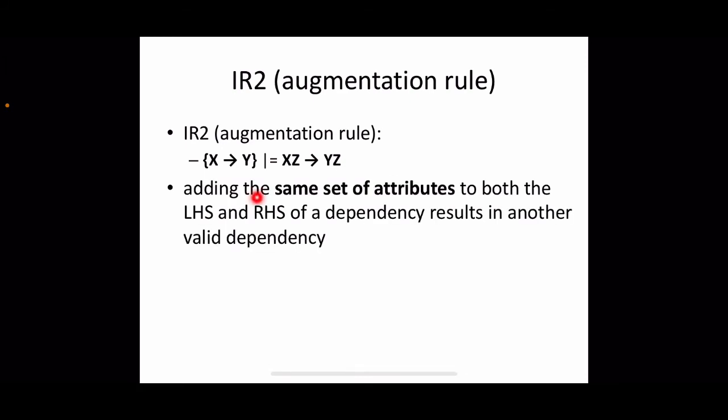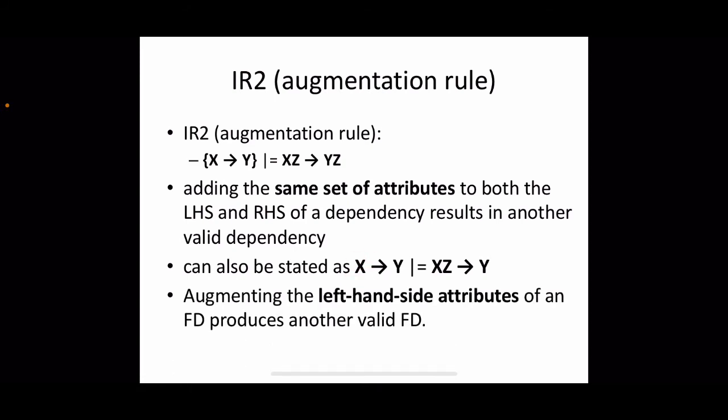So adding the same set of attributes to both LHS and RHS of a dependency results in another valid dependency. Also, this augmentation rule states that if we augment something to the left hand side alone, then also we will get a new valid dependency. So if there is a dependency X determines Y, augmenting Z to left hand side alone, we will get a new valid dependency.